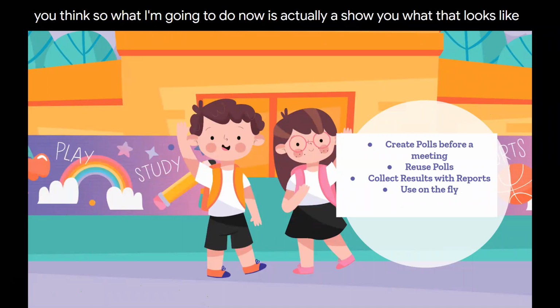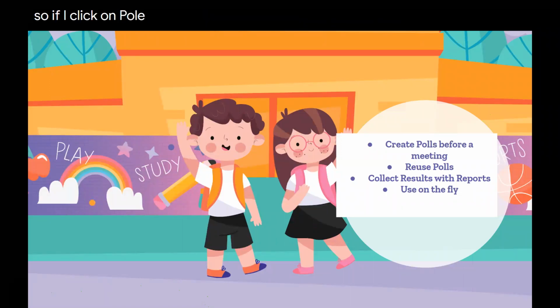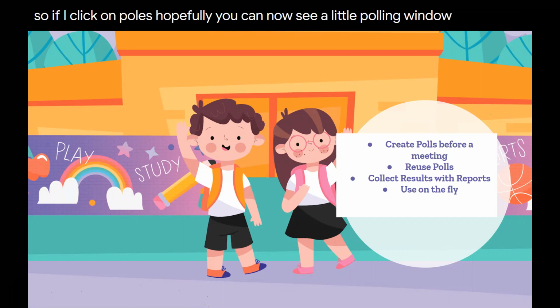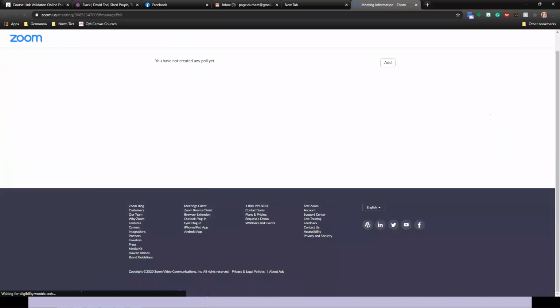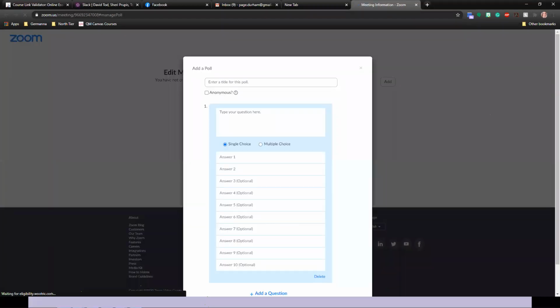If I click on polls, hopefully you can now see a little polling window. I'm not sure you can. It says add a question. However, the problem is I don't have any questions. So it took me to my Zoom meeting, and it basically brought up the meeting that I'm in.